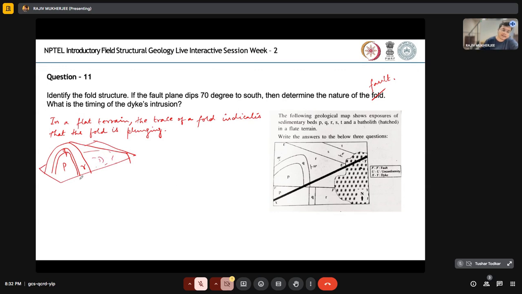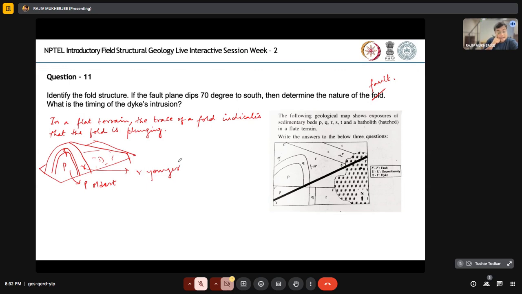So obviously P has to be the oldest bed, and R is younger.